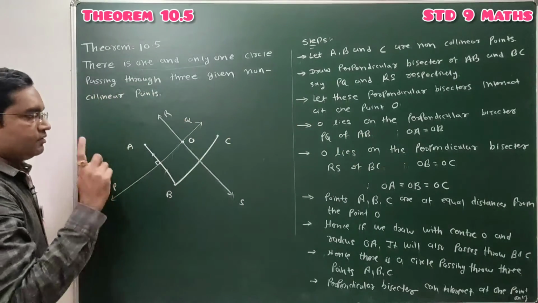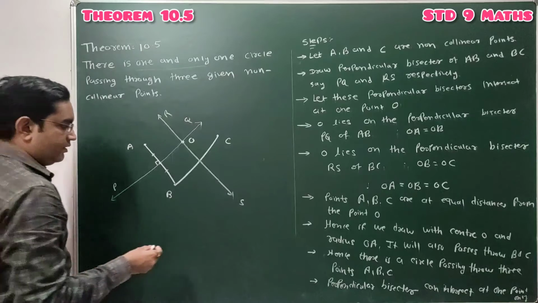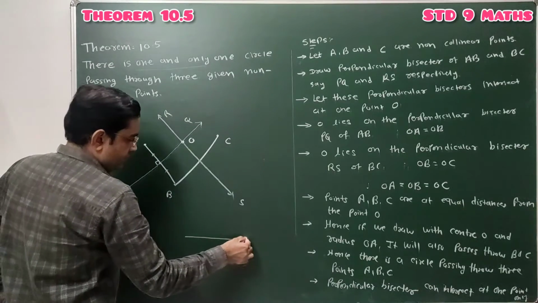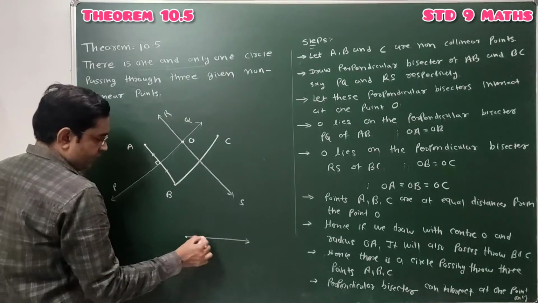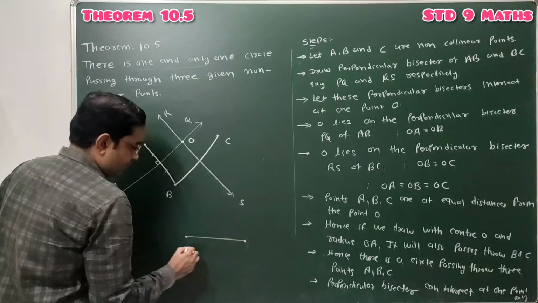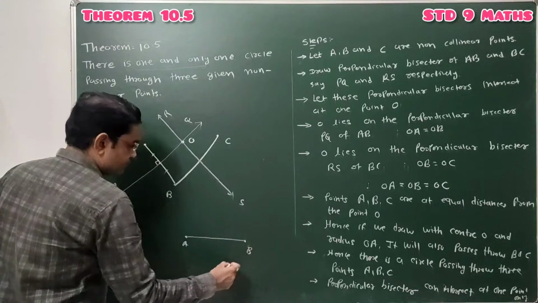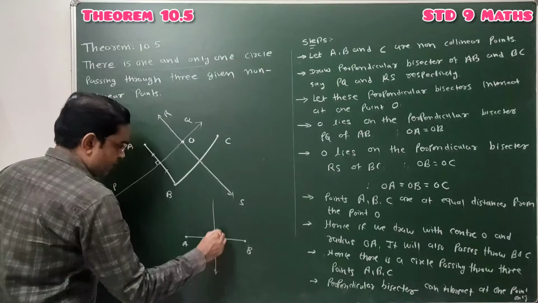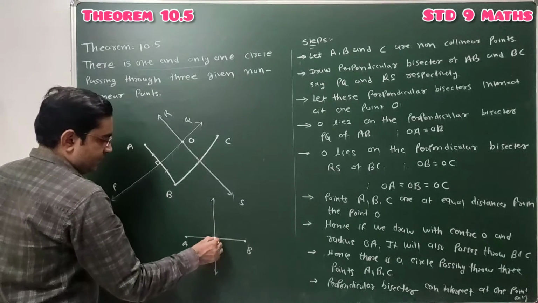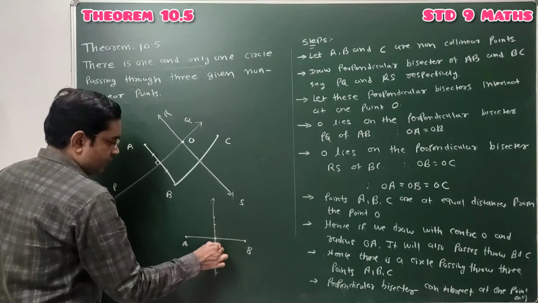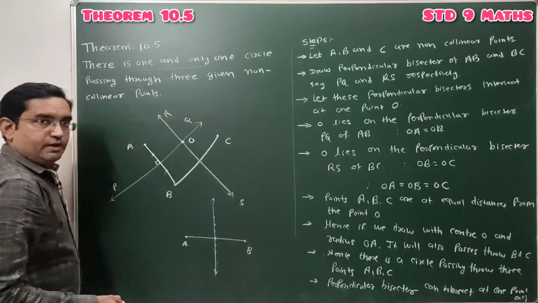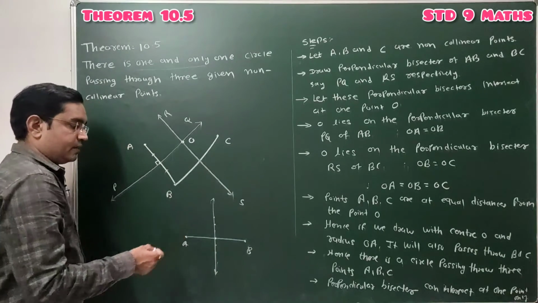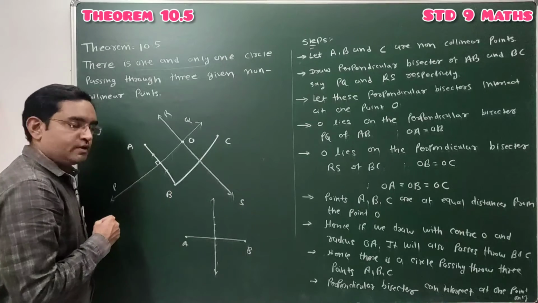In the 7th chapter we have discussed one concept there. If we draw the perpendicular bisector of line segment AB, then each and every point on this perpendicular bisector will be at equidistance from the end points of this line segment.